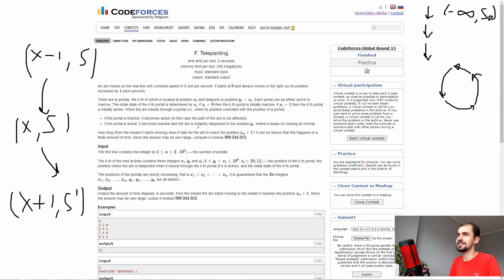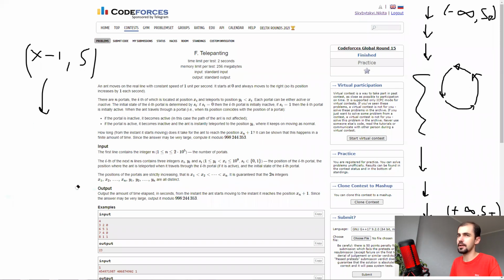Because we started before all portals, we may as well assume that it goes back to infinity, so it's not a part of a cycle. And there are some teleports, and then we go all the way to positive infinity and then something. I can denote it by st, meaning that this is a terminal state. So okay, cycles out of the way.